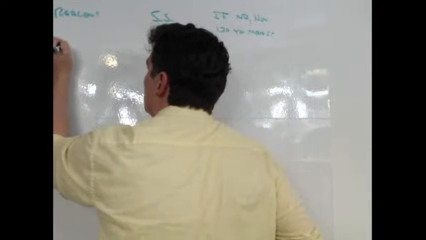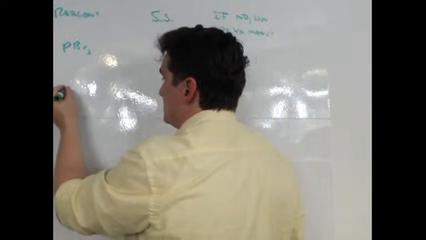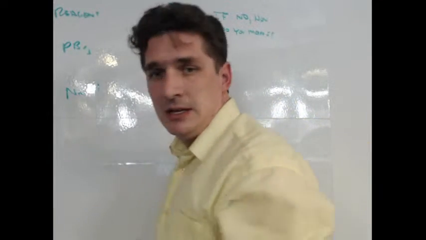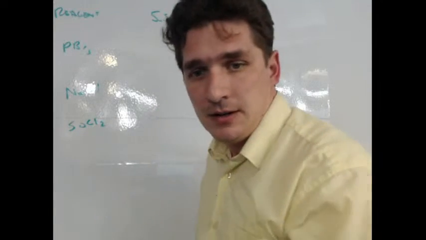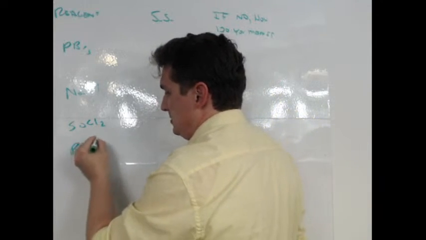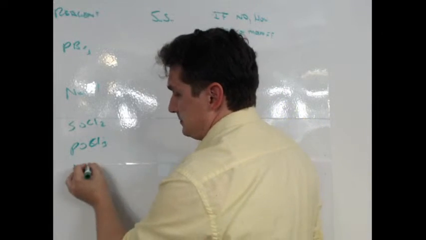So something like PBr3, this is not a particularly air-stable compound, but something like sodium chloride, you've got that on your table. Thionyl chloride readily reacts with water. Phosphoryl chloride readily reacts with water. KCN does not.